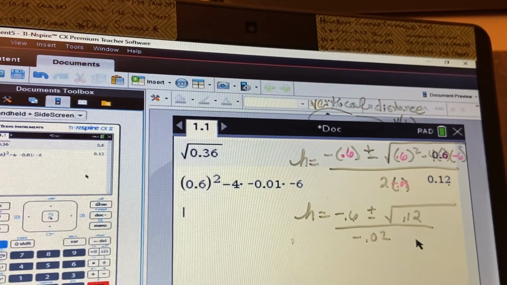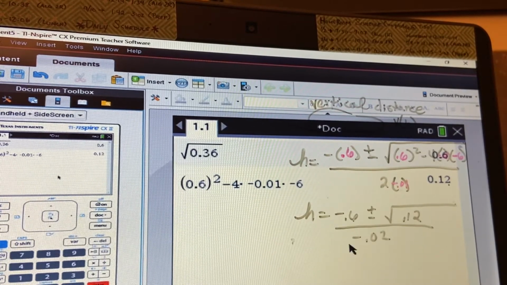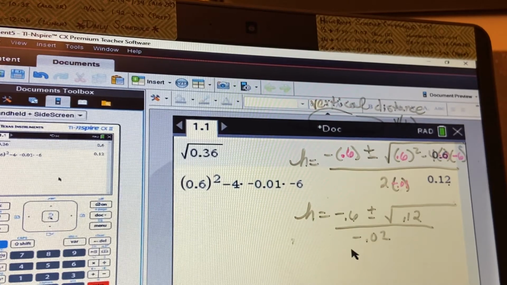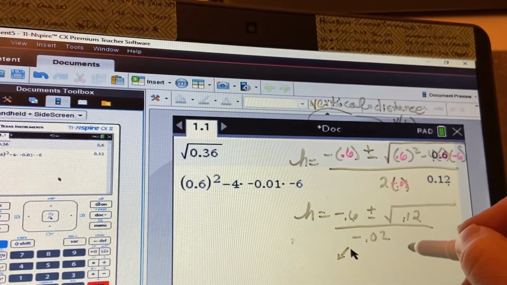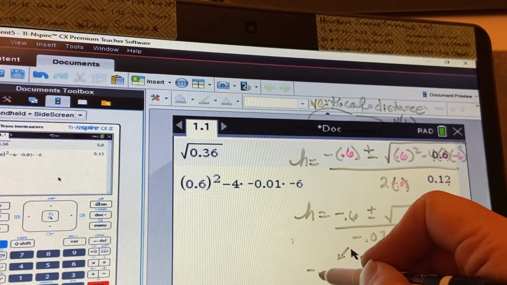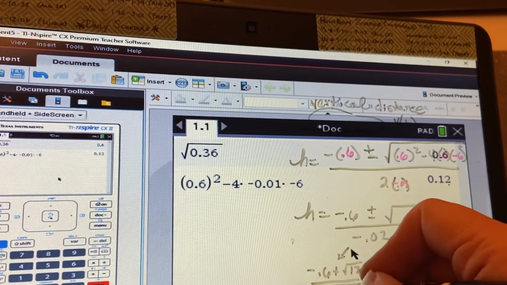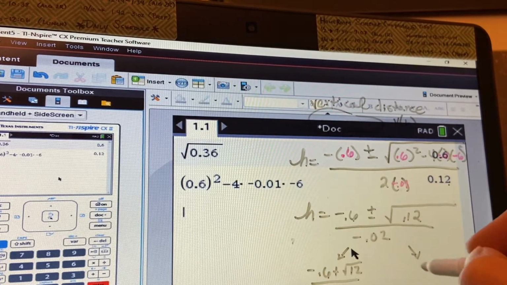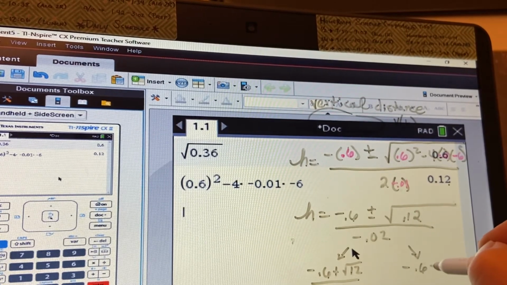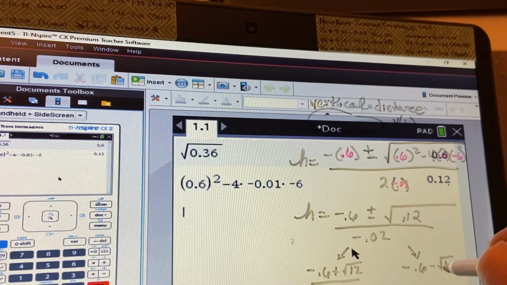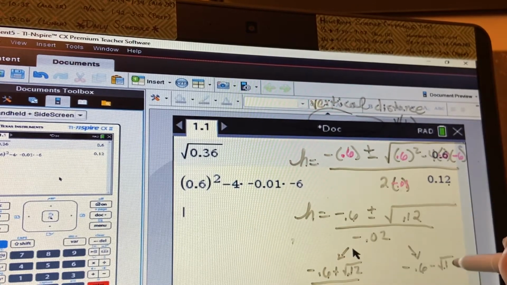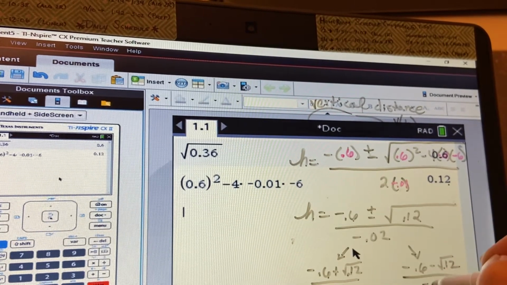We don't want radical or irrational numbers. So remember, you're going to have two answers here. You're going to have negative 0.6 plus the square root of 0.12 over negative 0.02, and you're going to have negative 0.6 minus the square root of, oops, I forgot my decimal there. Big difference. All over negative 0.02.